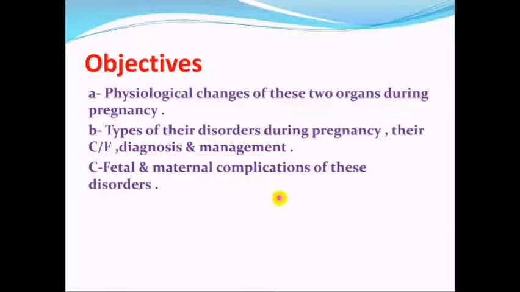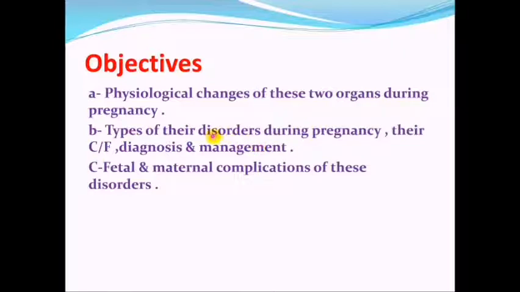To start with, we have to know the normal physiological changes involving both the renal system and the thyroid gland, for which there is increased susceptibility to certain diseases involving these two organs.